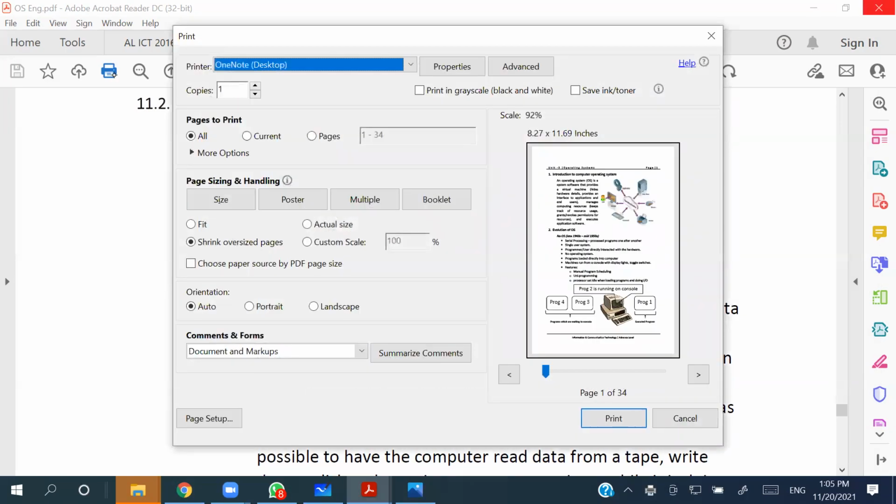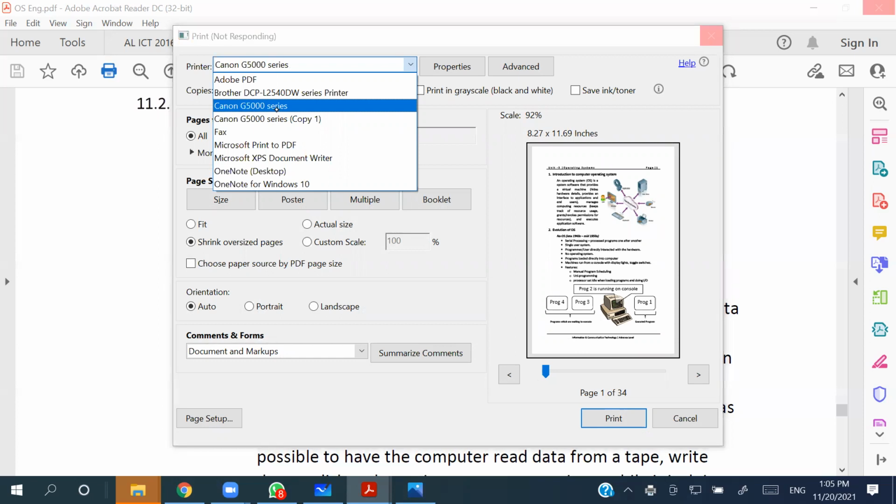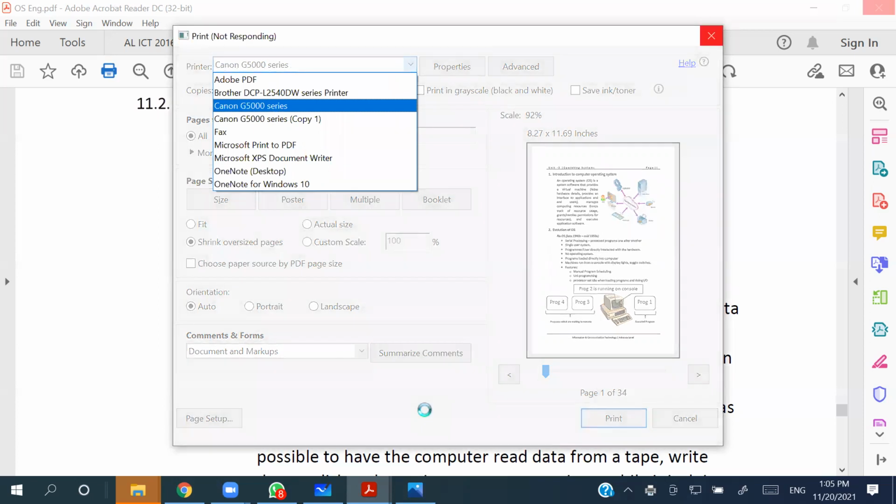Print. I'll choose the printer from here. Suddenly it became not responding, people. Hold on.